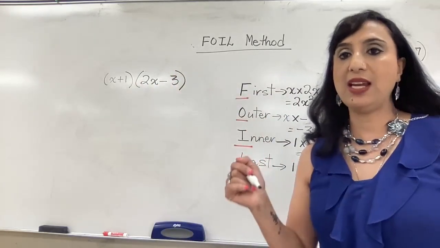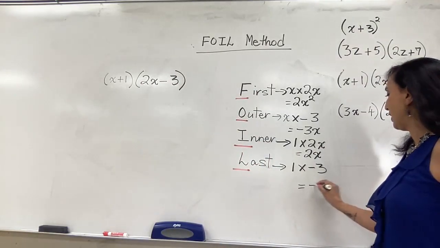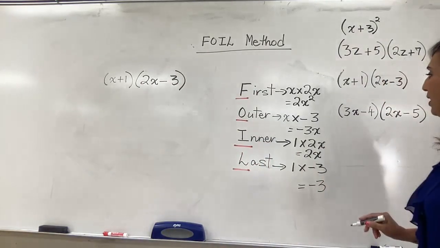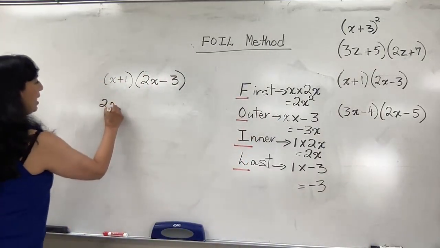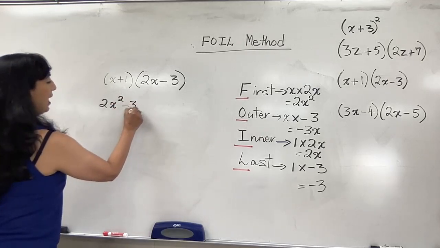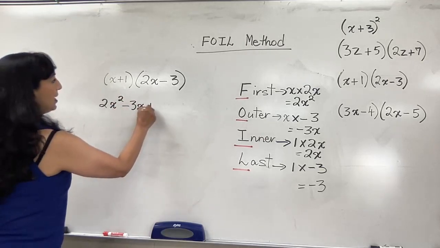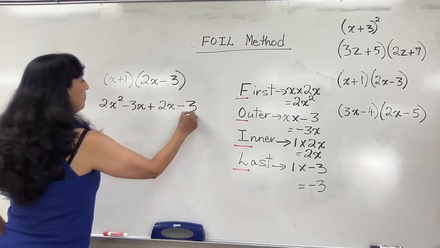Positive times negative is going to give me a negative product. So I get negative 3. All right. So let's write it out. I've got 2x squared. I've got minus 3x. I've got plus 2x. And I've got minus 3.